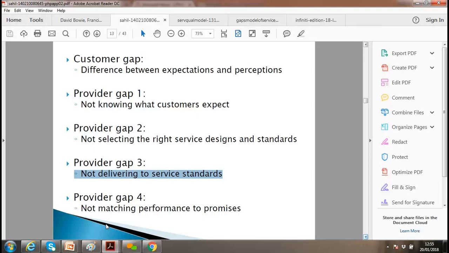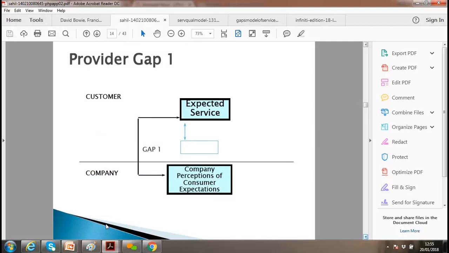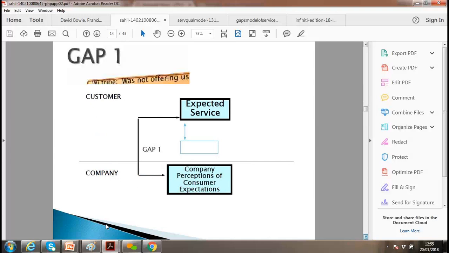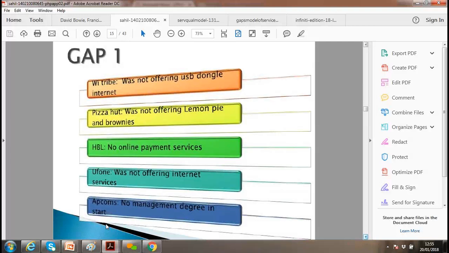We promise something, we say we'll deliver your food in 3 hours, but actually we are delivering in 6 hours. So we shouldn't make the promise, otherwise there will be a gap. So there is expected service and the company's perception of the customer expectation. For example, a company not offering USB dongles with internet. These are examples from different companies.